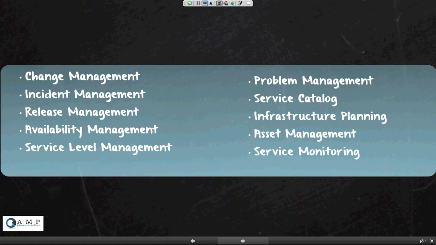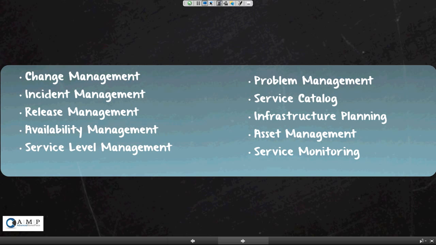And by the way, it's got to feed up to my service catalog, so if somebody needs goods or services, the CMDB provides that information so we know if we have it in stock or not. And infrastructure planning, I want to know what my savings potential would be if I did a VM virtual migration of servers and so on and so forth.